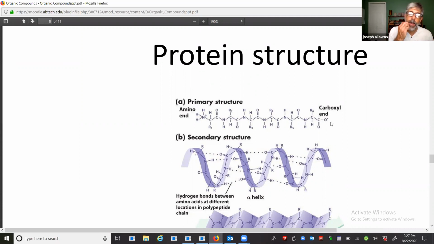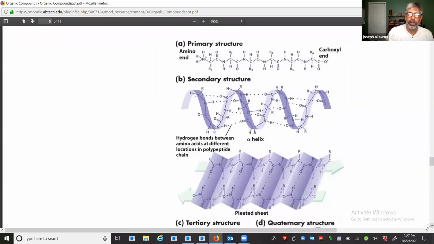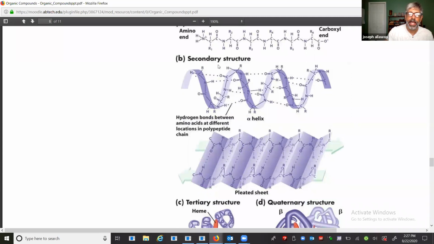So one of the things is, the sequence of amino acids is called the primary structure of the protein. But then it gets really complicated. And I don't expect you to really understand all of this, but there's a secondary structure where these hydrogen bonds start to form, and it sort of makes these folds, and then it folds even further into what they call a tertiary structure.